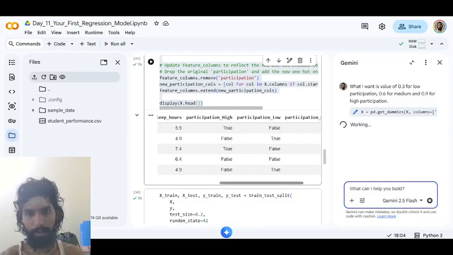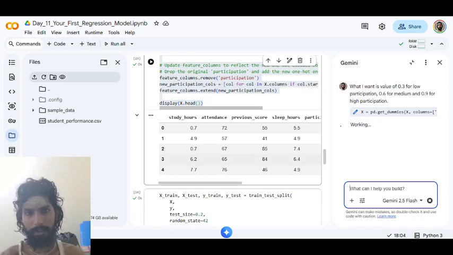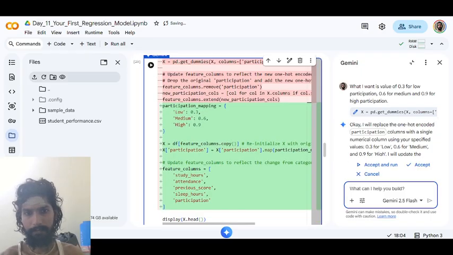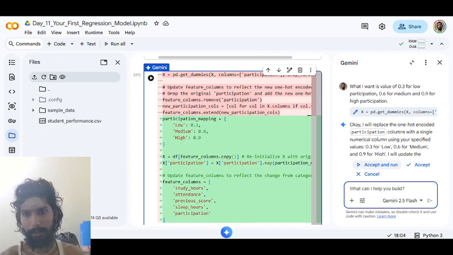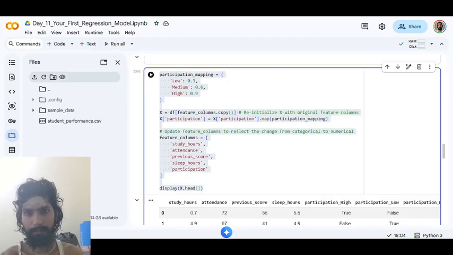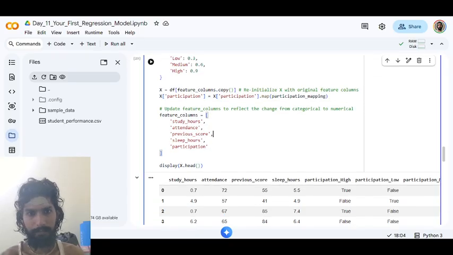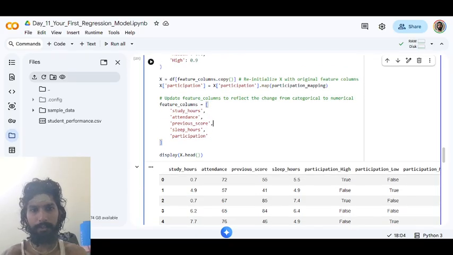I don't want 3 extra columns. I just want this. So I will accept it and let us run the code.